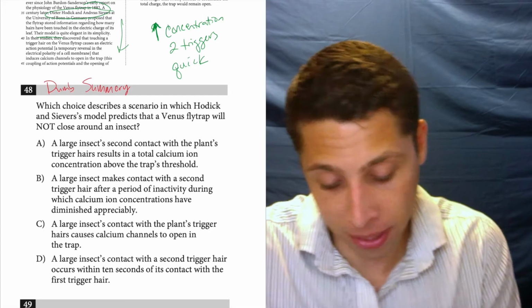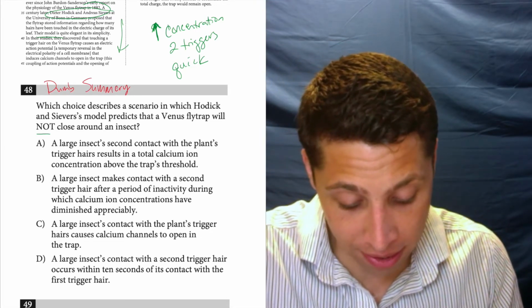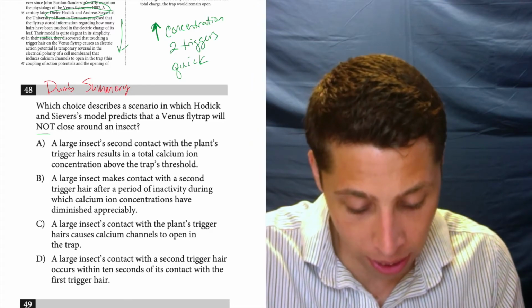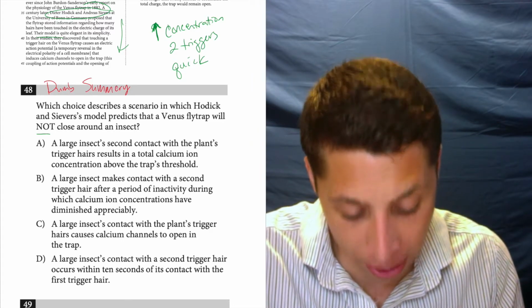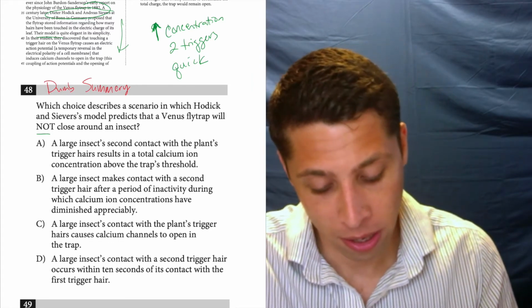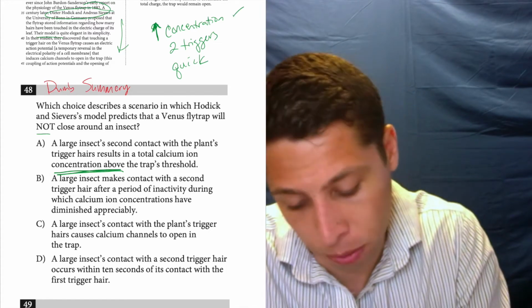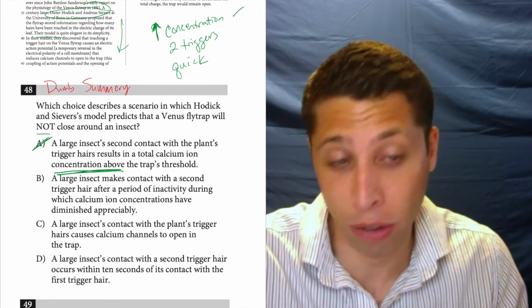So remember, it's something that's not going to close the trap. A, a large insect's second contact with the plant's trigger hairs results in a total calcium ion concentration above the trap's threshold. Okay, so high concentration seems to match. So that sounds like it would spring the trap.